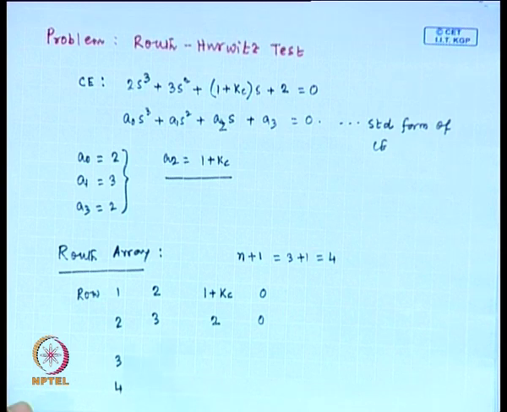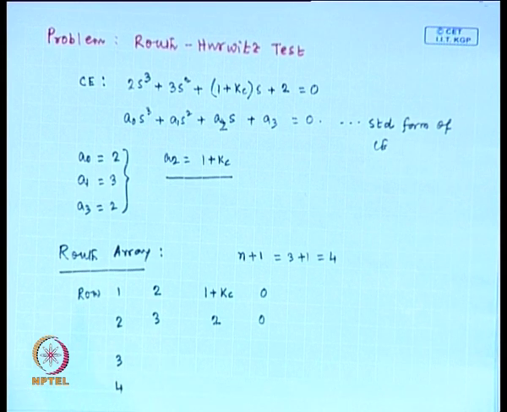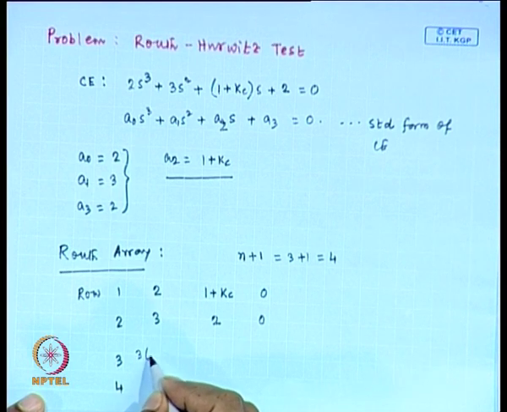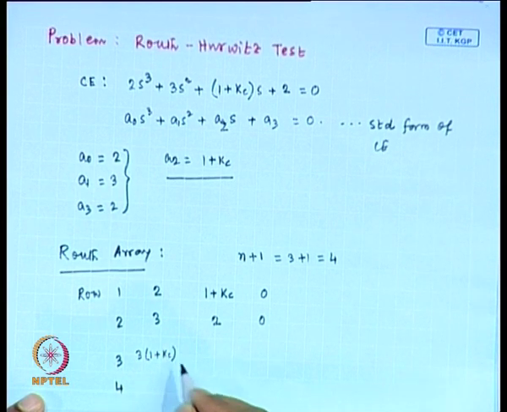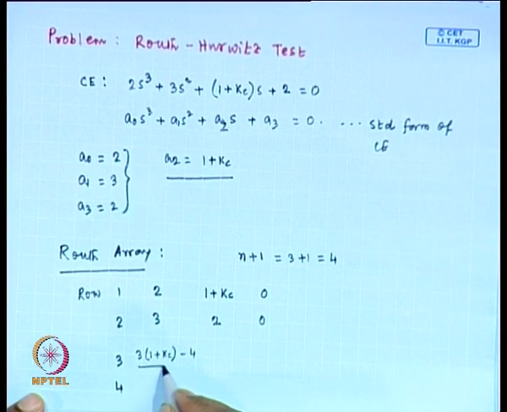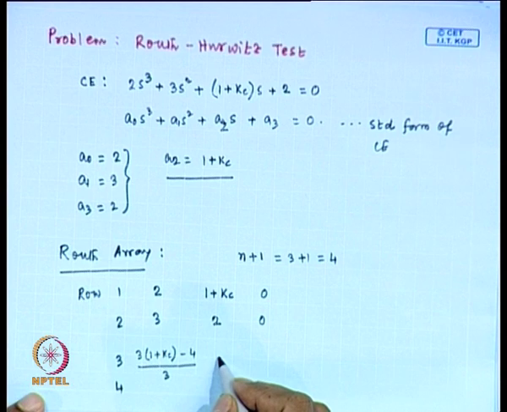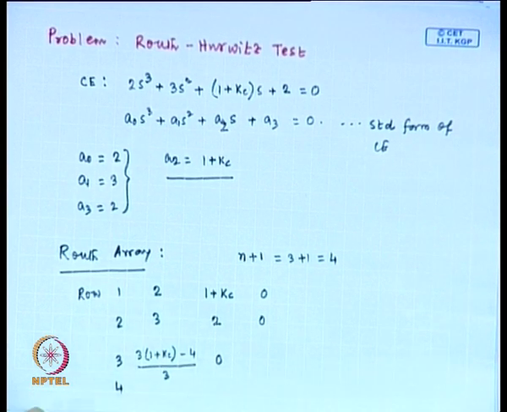Fine. So, what will be the first element of the third row? Can you determine the first element of the third row? It is 3 multiplied by (1 plus Kc) minus 4, divided by 3. What will be the second element? Second element will be 0. Fine.